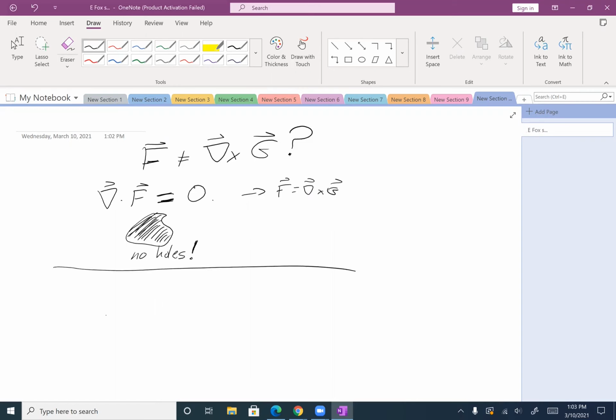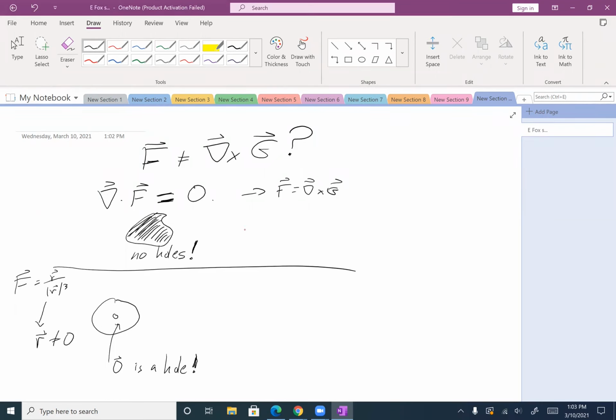But if we look at the function, it's r divided by r cubed, we notice that r cannot be 0. So the origin is a hole.